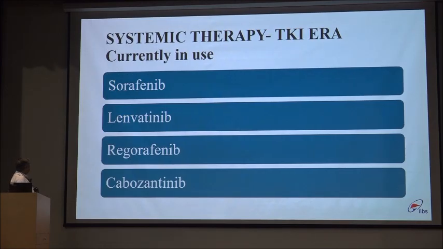Now, systemic therapy in the TKI era: the currently used agents are sorafenib, lenvatinib, regorafenib, cabozantinib. These are some important TKIs which are now regularly used for HCC with portal vein thrombosis.